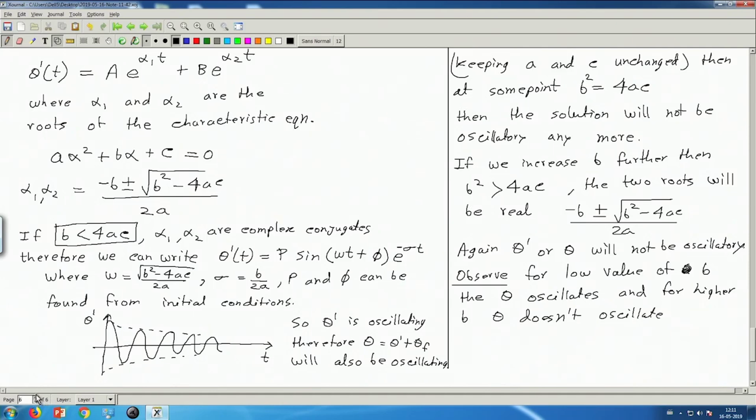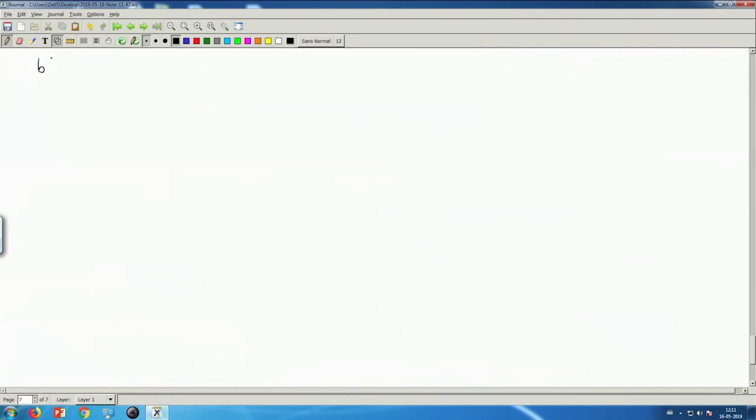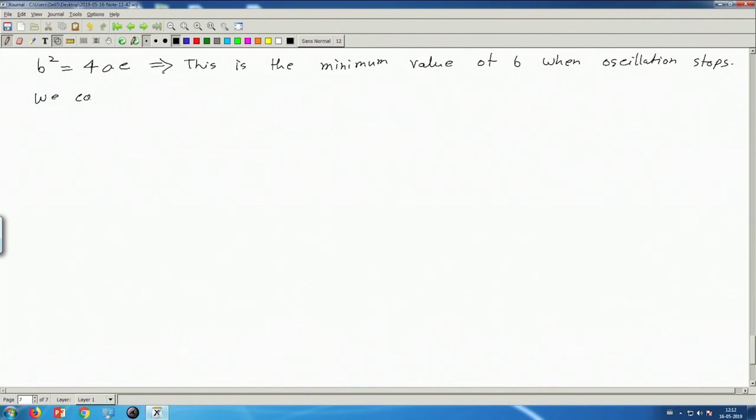Now B square equal to 4AC is the minimum value of B when oscillation stops. So we call this critically damped condition or critical damping.